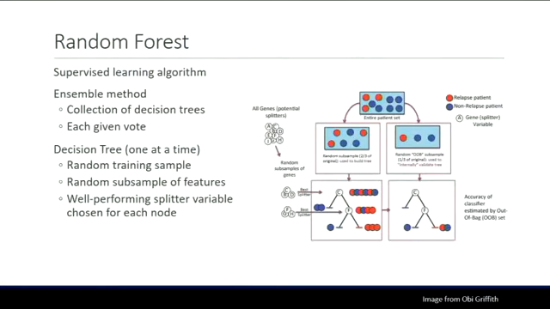And we do this iteratively, and we keep choosing the feature that best separates the observations, in this case non-relapse and relapse, to build each tree.